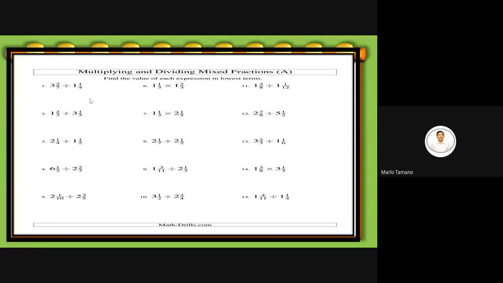Ilang 35 meron sa 92? 2. Dalawa. Ilan ang sobra? Di ba yung 35 times 2 ay 70? So, 92 minus 70. 22 po. So, meron na kayong 2 and 22/35.